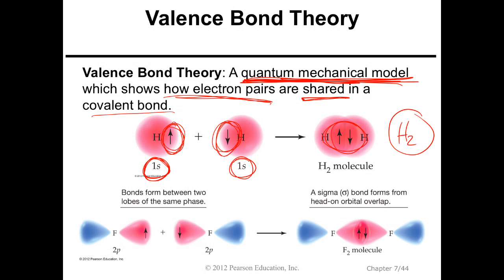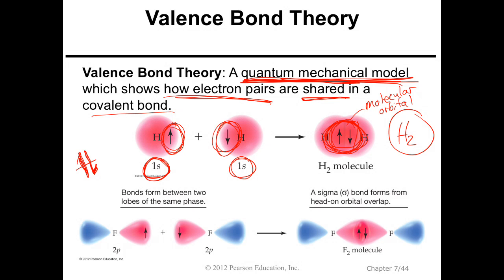Remember when we were doing electronic configurations, if you had one electron in an orbital, the next one would come in spin down. The same applies when they combine in what we call a molecular orbital here. Those two electrons are paired up, energetically, you have to pair them up.